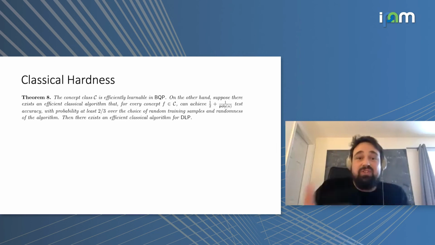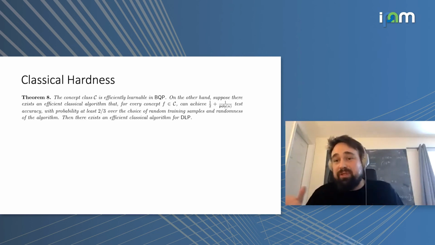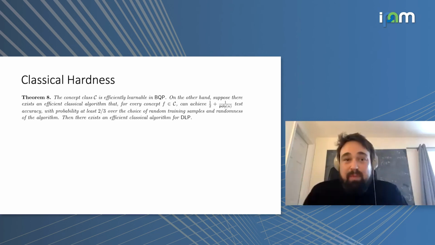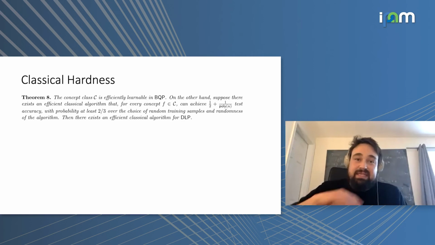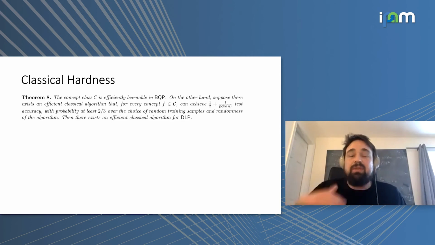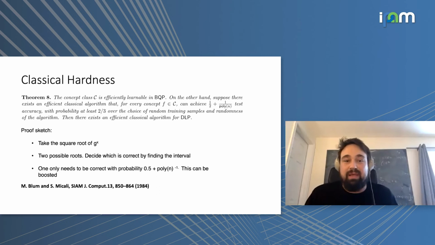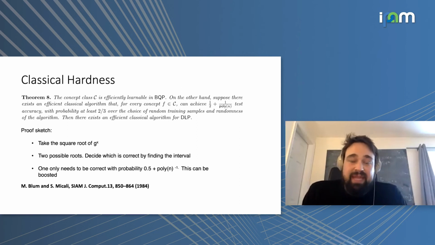What you can show is that a learner that, after seeing sufficiently many training samples, is able to guess the label correctly with probability 1/2 + 1 over polynomial in n, where n is the log of the prime, would allow you in principle to solve the complete discrete logarithm problem. This is a result that we adapted to our setting from Blum and Micali. And the basic idea is how you reduce it.